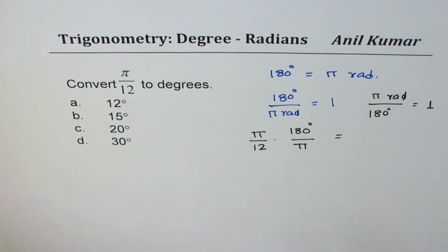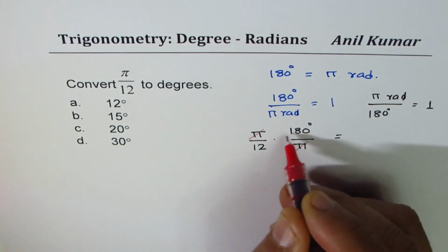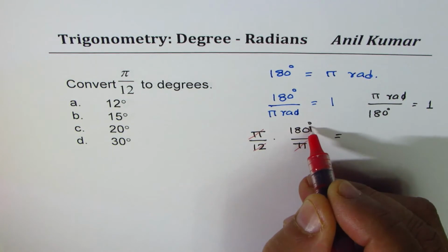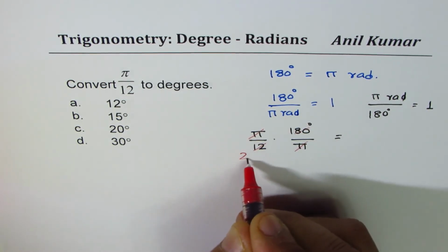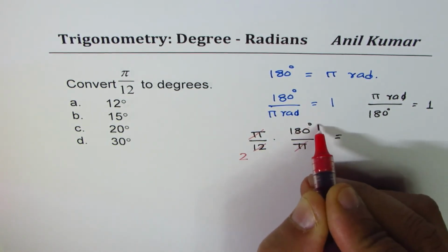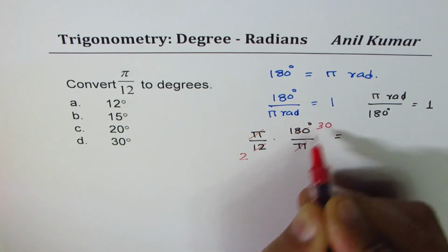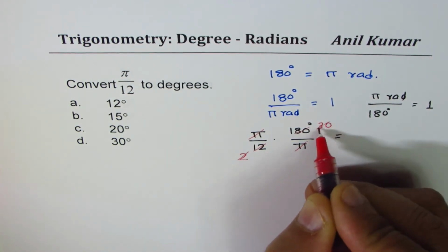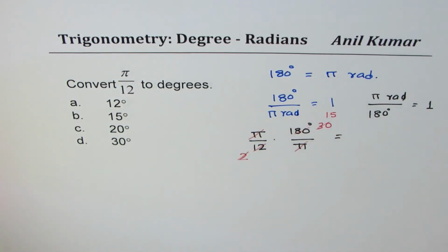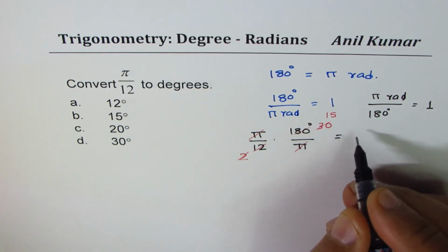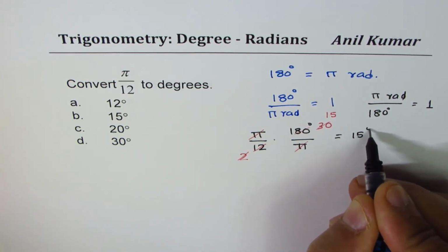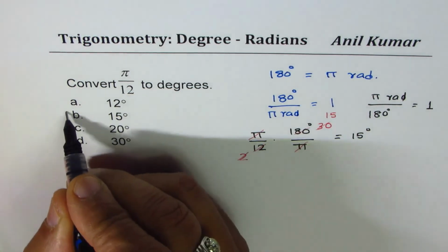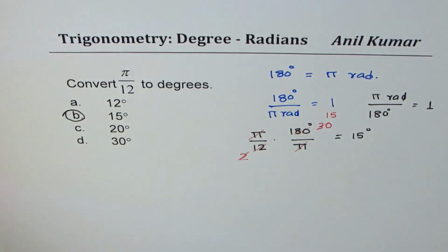Pi and pi get cancelled. You can simplify by dividing by 6: 6 times 2 is 12, and 6 times 30 is 180. Further it goes 15 times. So what you get here is 15 degrees. Option B is the correct option.